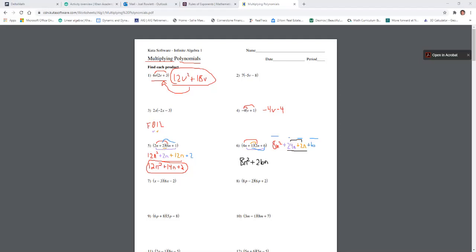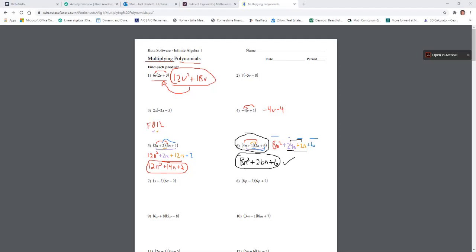Plus 6. Okay, and again, we just multiplied two binomials together, and that's the solution. If I had given you this earlier in the semester and told you to factor, then you would have gone back to this, right? That would be the factored form.